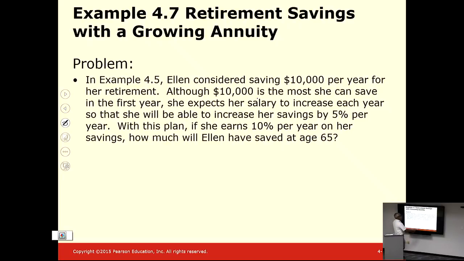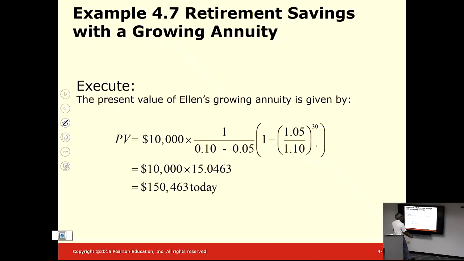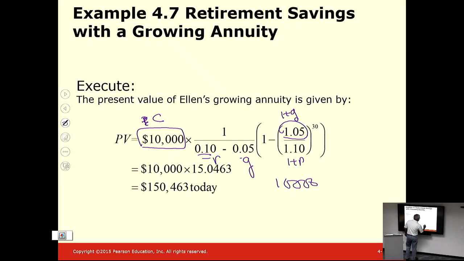So here is an example: $10,000 per year, 5% growth, R of 10%, what will be available at year 65? So here is $10,000 as my payment, as my cash flow. This is C, this is R, this is G, 1 plus G divided by 1 plus R. So this is going to be 10,000 divided by 0.05, which is this part.